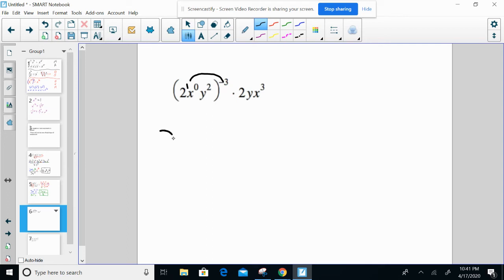So that's going to look like 2 to the negative 3. It'll be x to the 0. Might as well just make that a 1 for now. And then y to the negative 6. All right, nothing happening to 2x to the third at the moment.